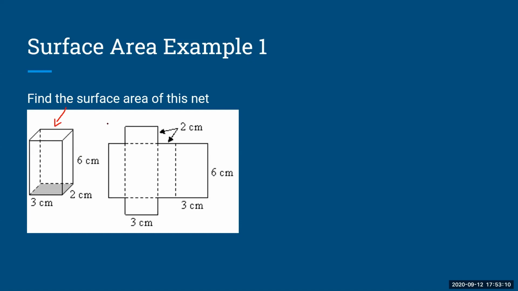Obviously, it's easier to look at a net when you get surface area, but usually they only give you the shape, this part. Maybe a different time.